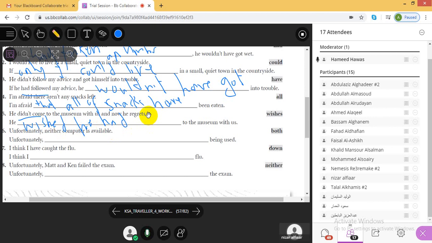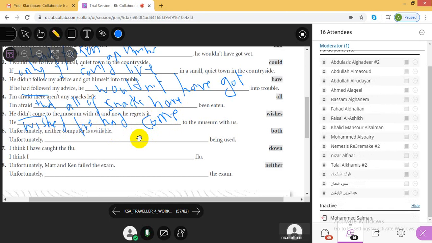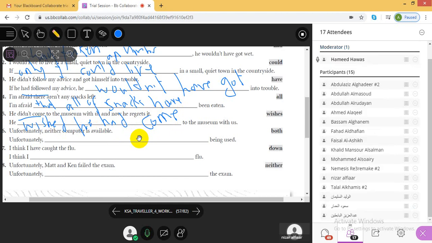He wishes he had come. By the way, verb 3 of come is come, okay? He wishes he had come to the museum with us. Let's come to number 6, guys.